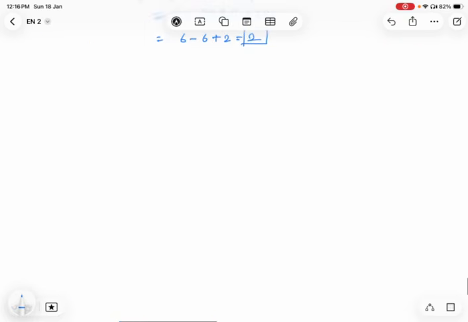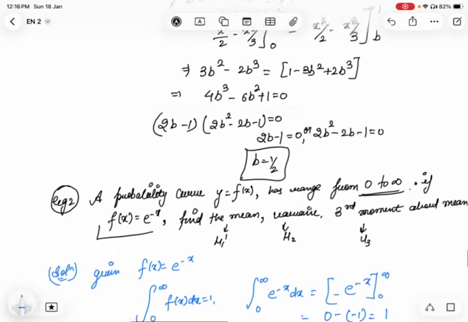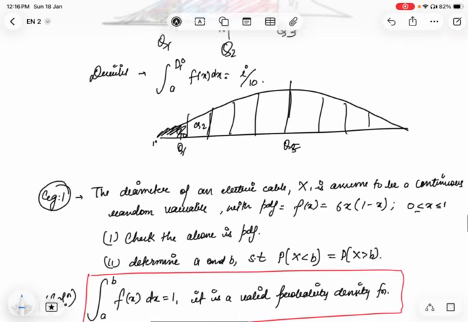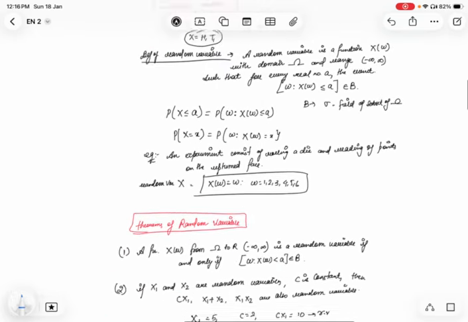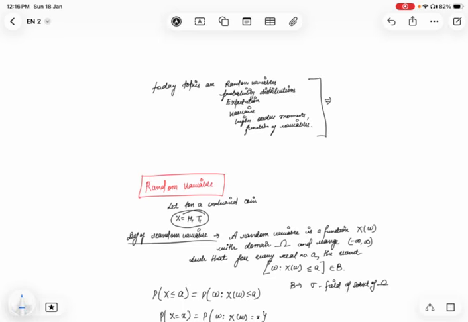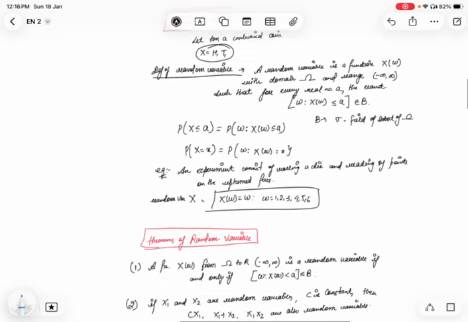So I think this is enough. And now let's see the syllabus. So what is left? So we have completed the random variable, probability distribution, expectation, variance, higher order moments, function of random variables. So let's go to the topic of expectation, or I think I should solve some more questions.